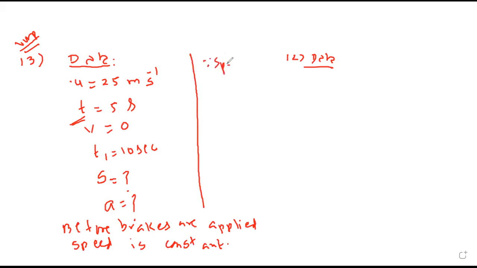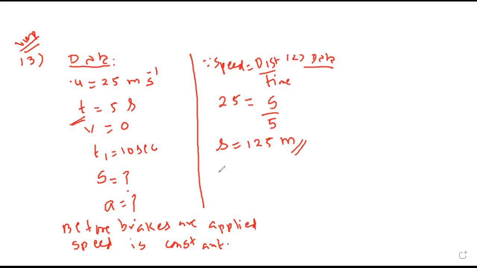Since speed is distance upon time, if it is constant, use this formula directly. Speed is distance upon time. So speed is 25, distance we want in 5 seconds. So S becomes 25 into 5, 125 meter.